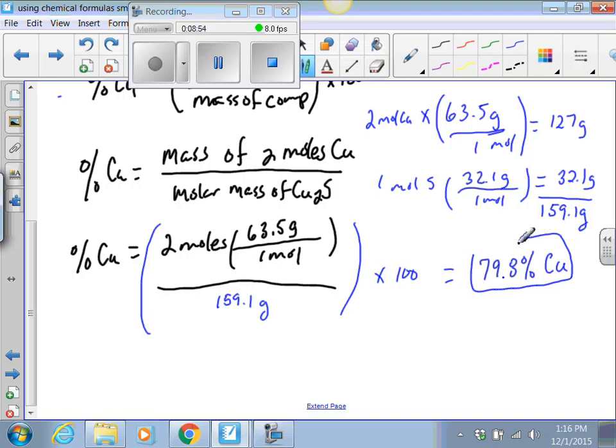We still have sulfur to do, but less calculation to do with sulfur because we've already done the bulk of it. Okay, questions here, where anything came from? When I do this 2 times 63.5, what am I finding? I'm finding the mass of 2 moles of copper. This 159 is the mass of 2 moles of copper plus 1 mole of sulfur, 159.1.